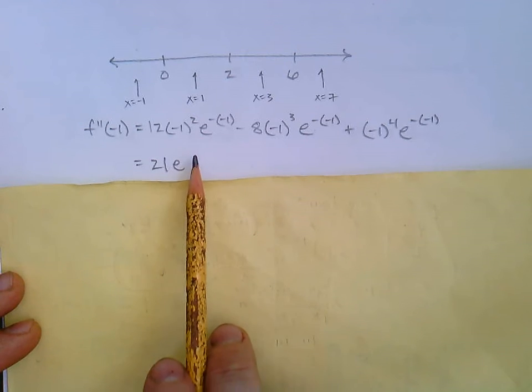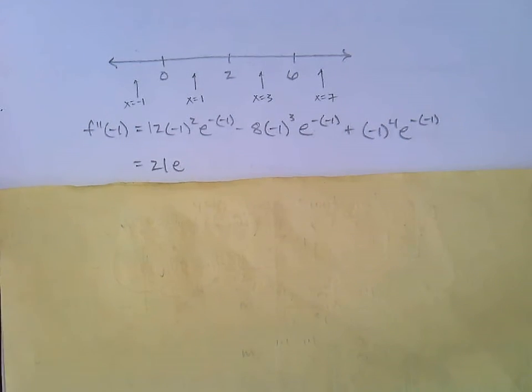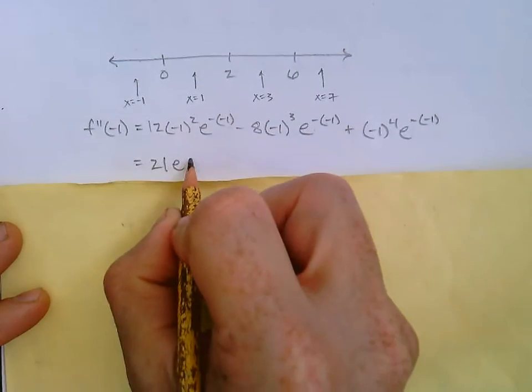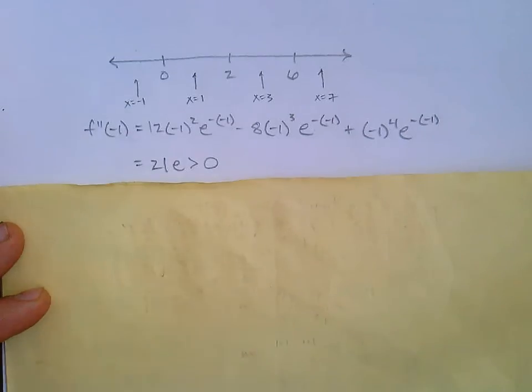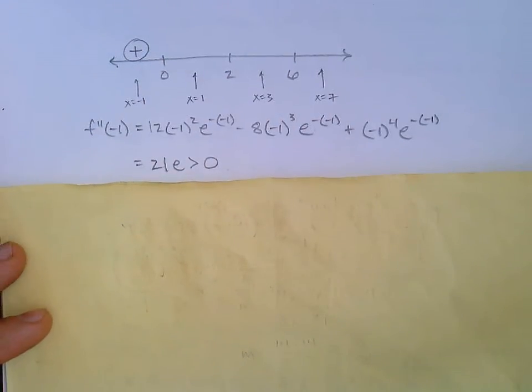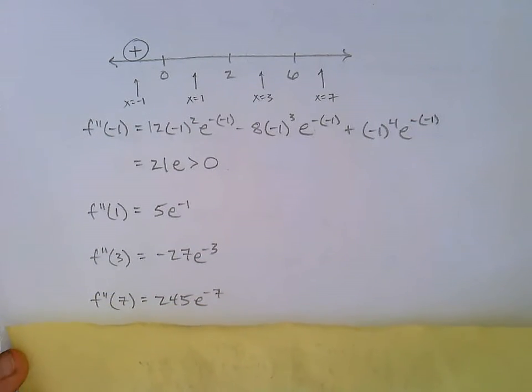We'd have 21e to the first, or maybe just 21e. Now again, it doesn't matter what the number is. We're just looking for positive or negative. That's positive. Put a big plus sign right there. It's concave up.